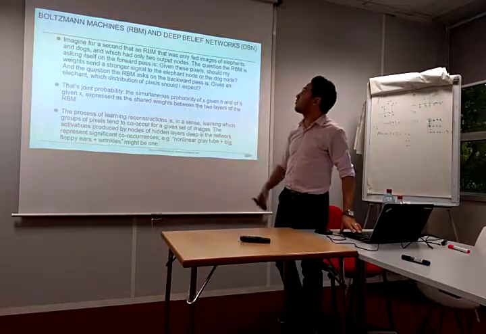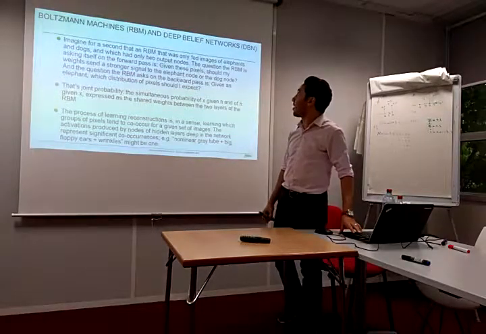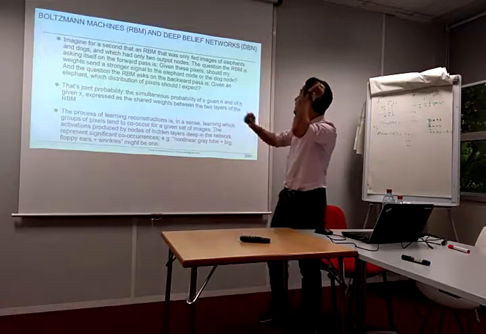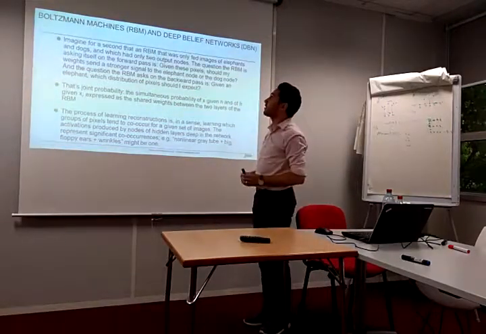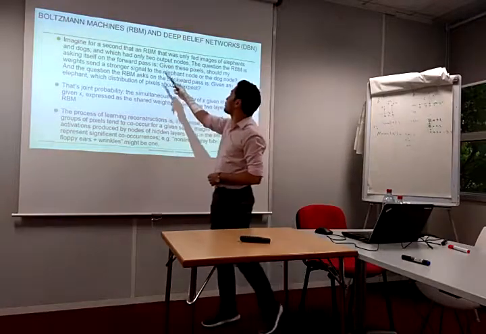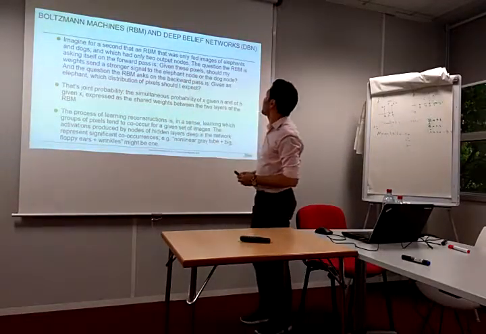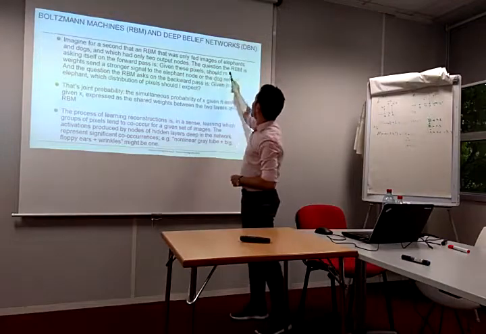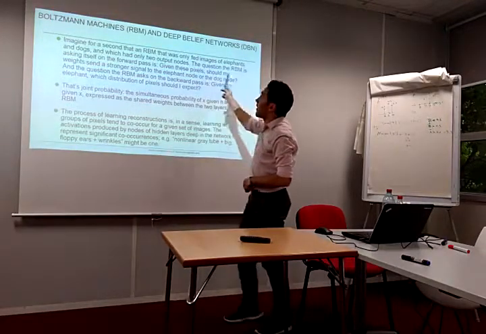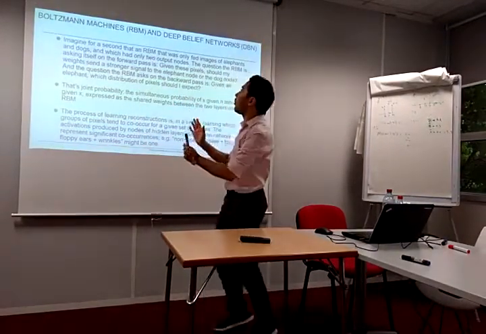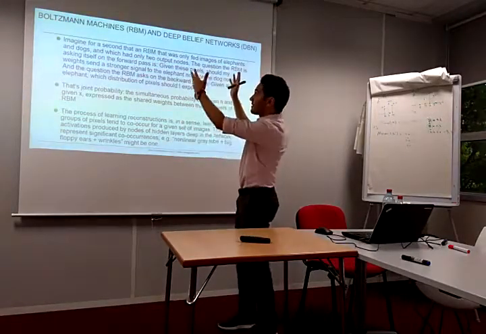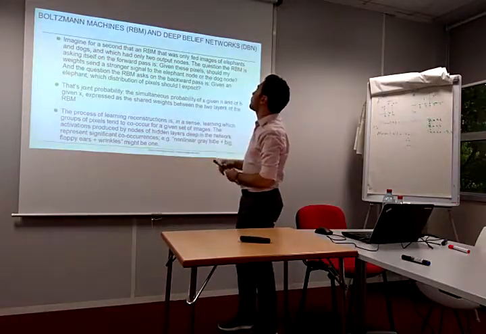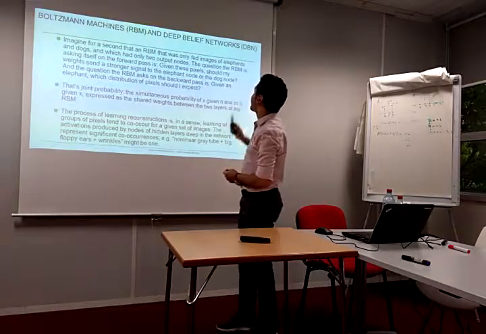You can imagine for a second that an RBM that was only fed images of elephants and dogs, only sees elephants and dogs, and which had only 2 output nodes. Okay. The question the RBM is asking itself on the forward pass is, given these pixels, should my weights send a stronger signal to the elephant node or the dog node?